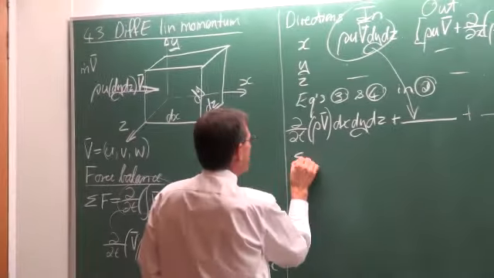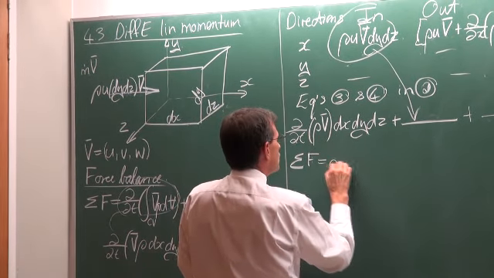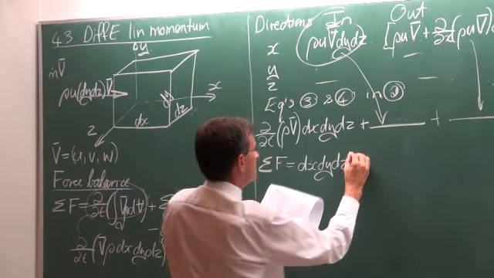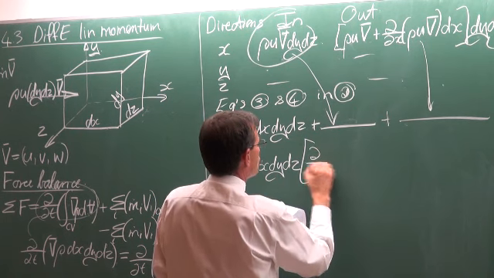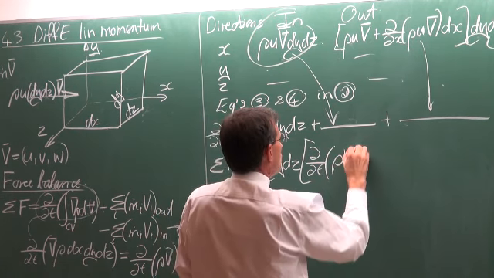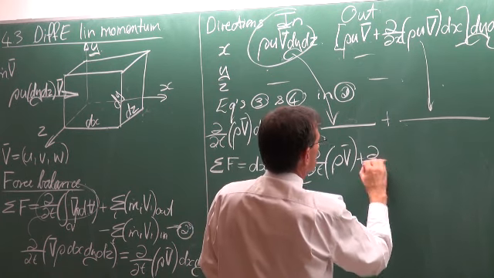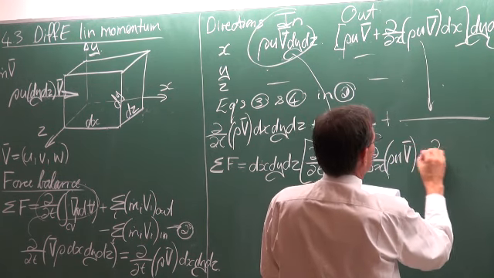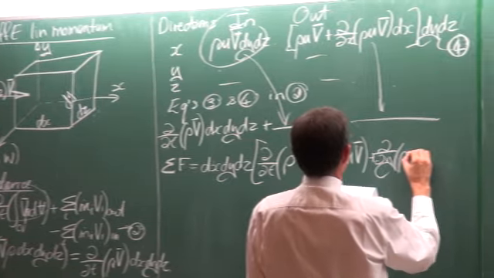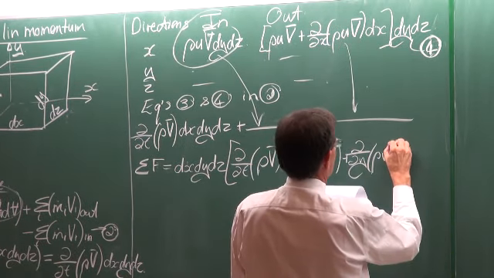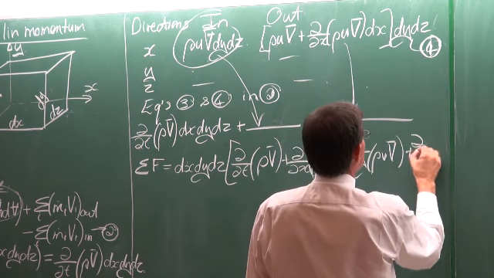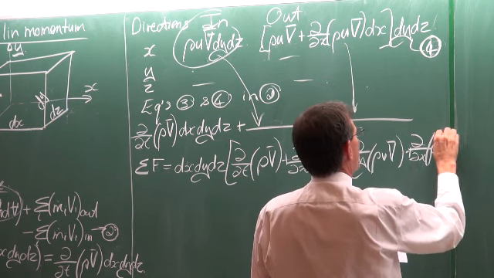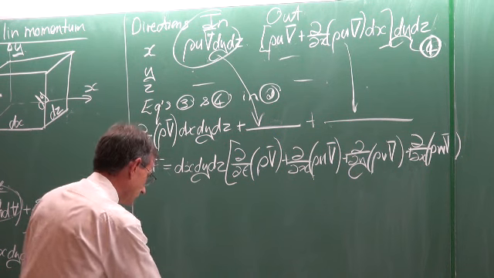So this equation can now be written as the sum of the forces is equal to, and once you've made it a little bit neat, dx, dy, dz multiplied by partial d dt of rho v plus partial d dx of rho uv plus partial d dy of rho v plus partial d dz of rho w multiplied by the velocity vector.